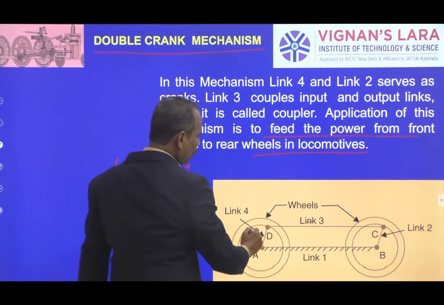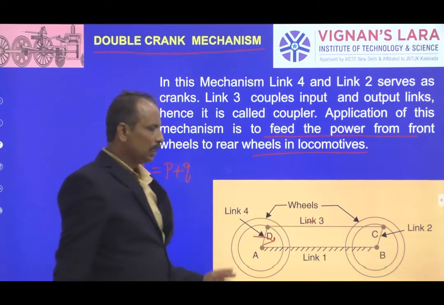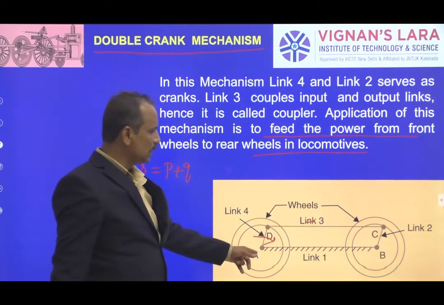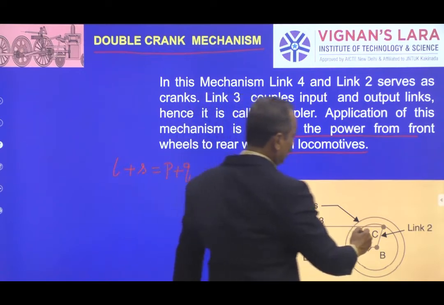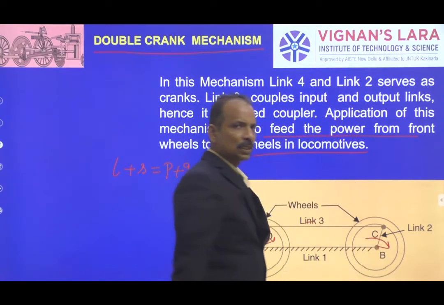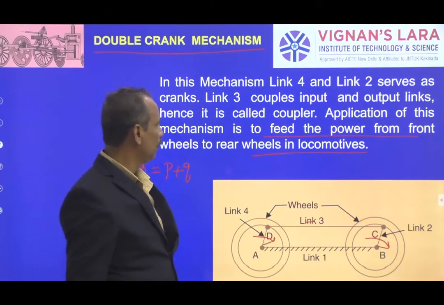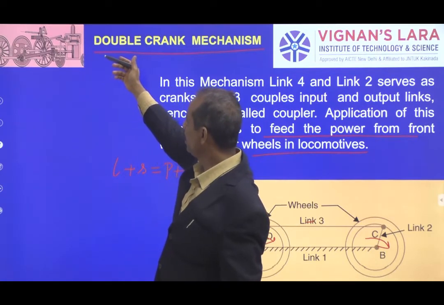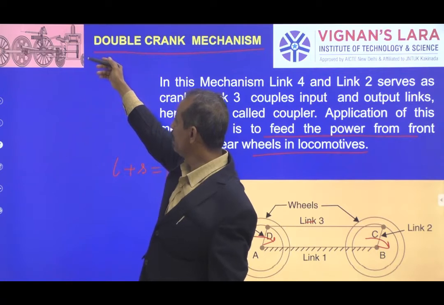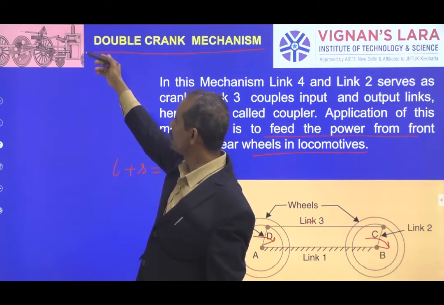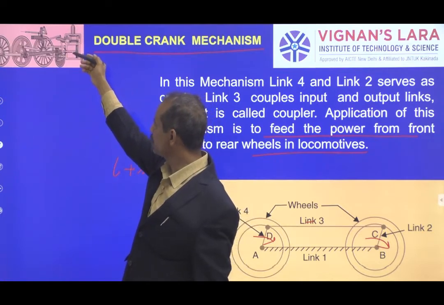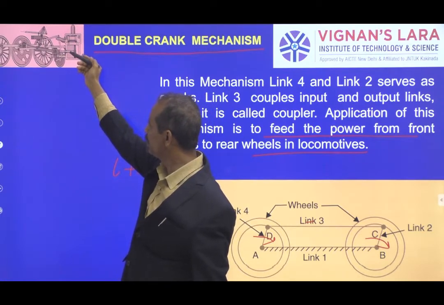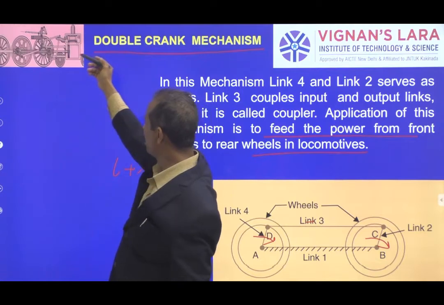If you give the input here, that is, this is the driving wheel, then it drives this to make it a driven wheel. The same thing you can see where there is a cylinder where the steam or whatever reciprocates and the motion is given to your coupling rod.